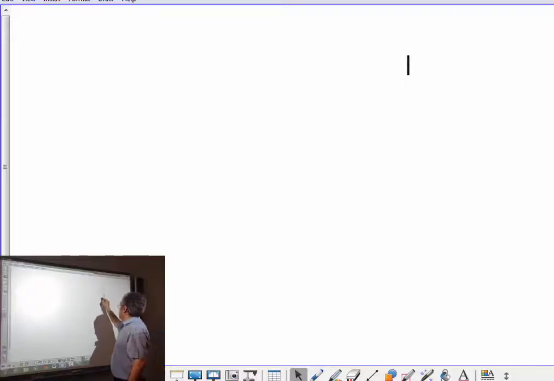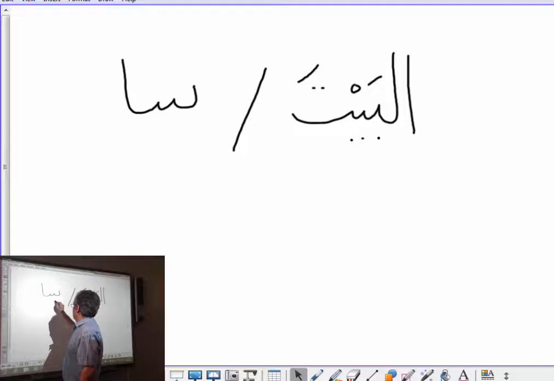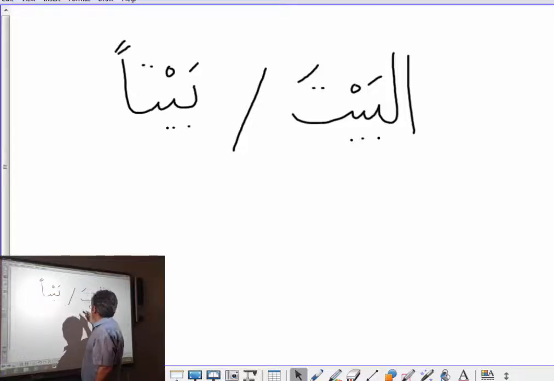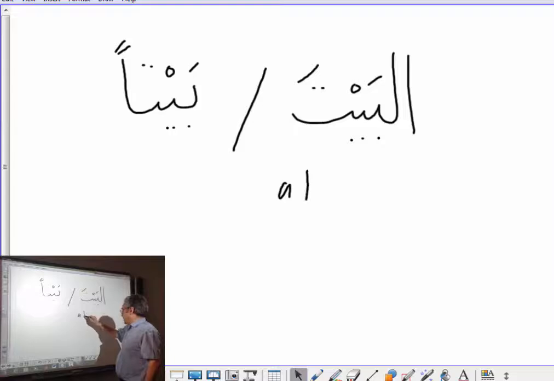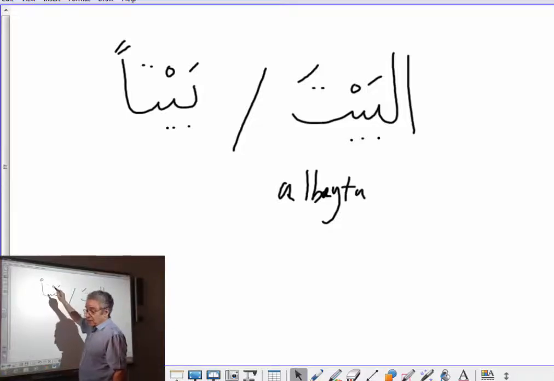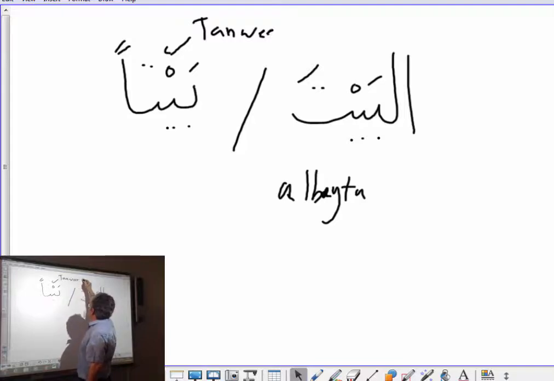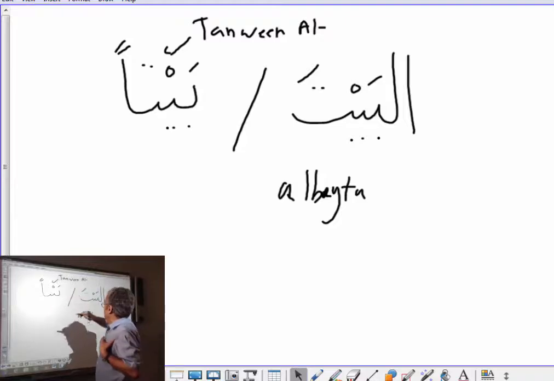with the second one here. That's what you call al-bayta and baytan. So here al-bayta and baytan. Whenever you use the tanween al-fatah, we have to put it on alif. This alif is just a carrier of the tanween al-fatah.